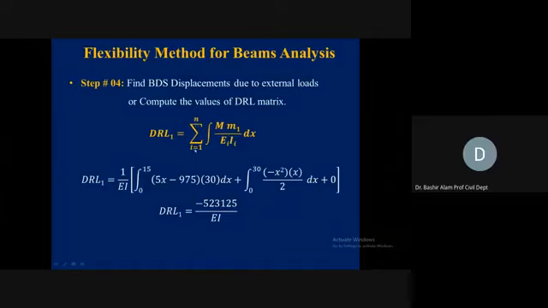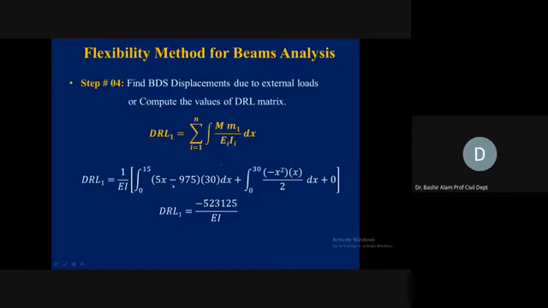Here we have 3 members now, so we will be having contribution from all the 3 members. An integral of M times M1 divided by EI dx. DRL2 will become capital M times M2. Only this will be the difference. Rest of the elements will be the same.